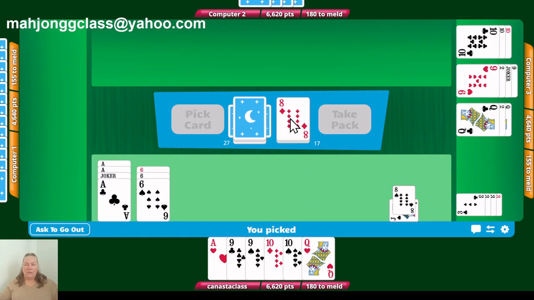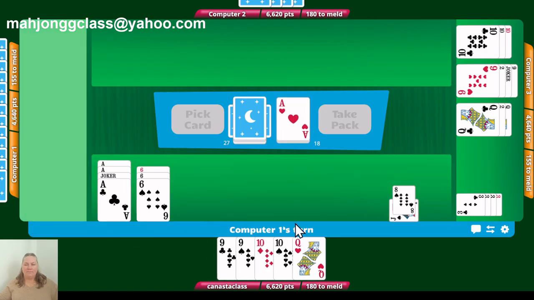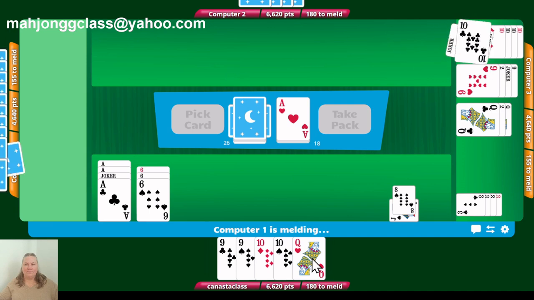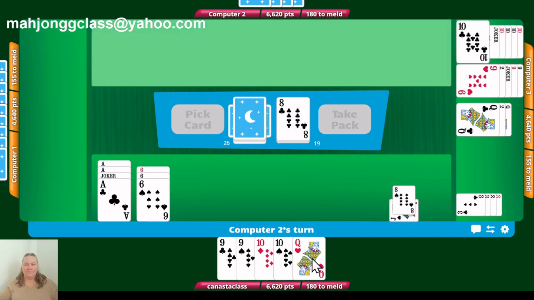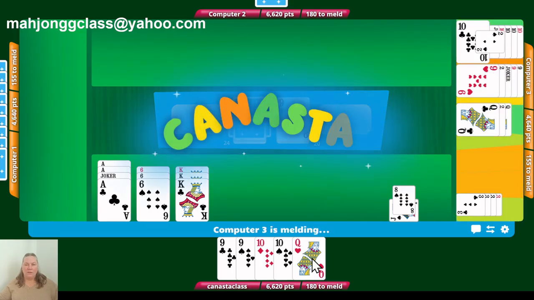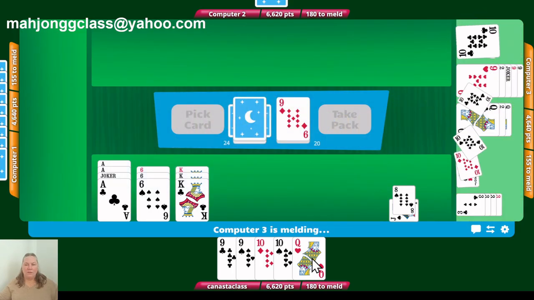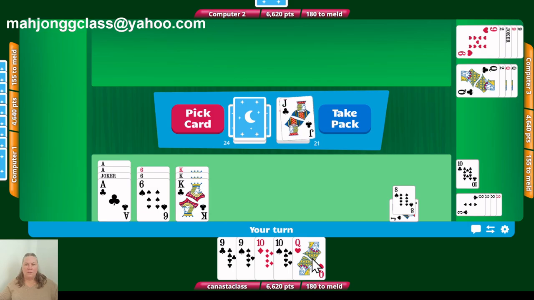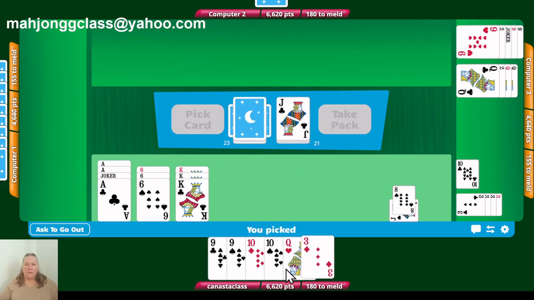I discarded 2, 3, 4, 5, 6, 7. I guess he could have 2 queens. I know this sounds terrible, but I'm going to discard the ace. Oh, he didn't have queens. Okay, now I can discard the queen.